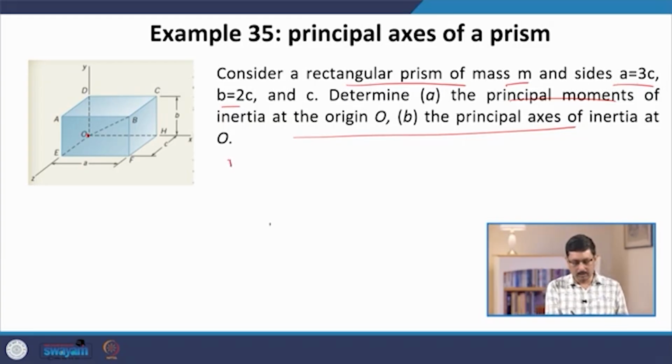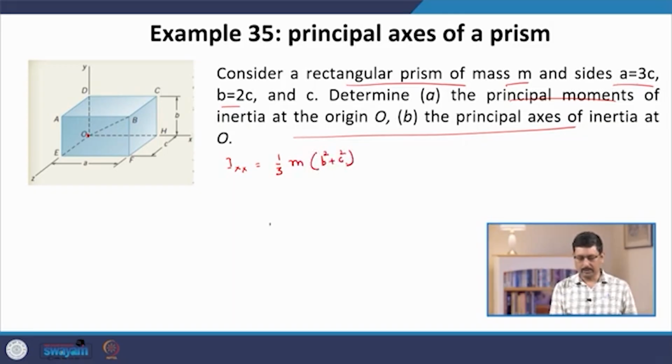Let us recall that we got Ixx to be 1 by 3 m (b square plus c square), and Iyy to be 1 by 3 m (c square plus a square).